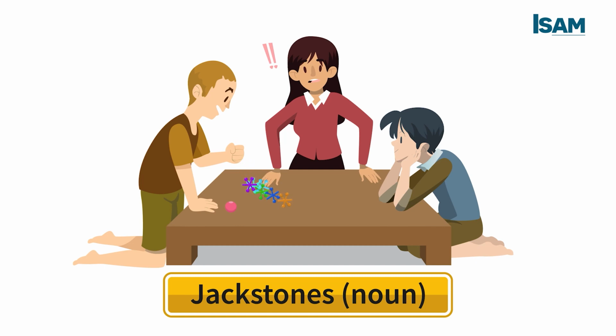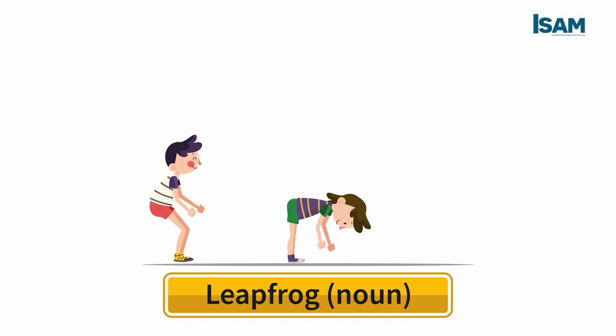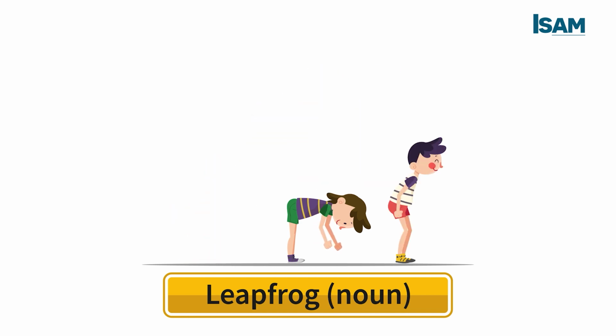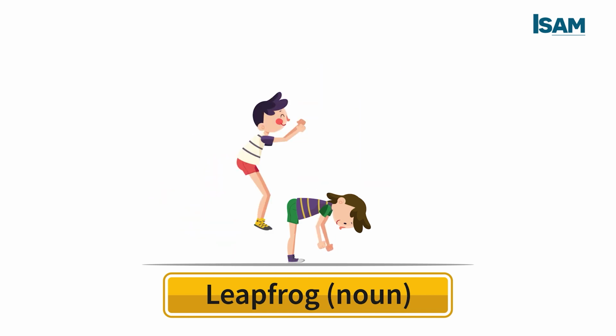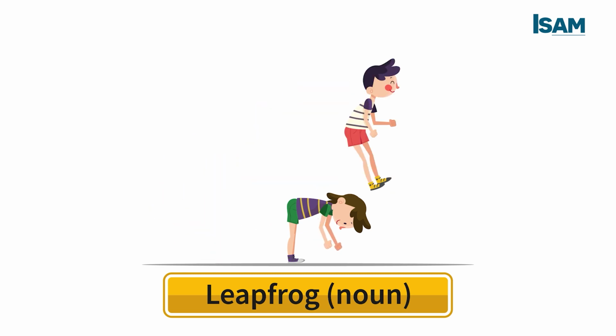Jackstones, a game in which jackstones are thrown and picked up in various groups between bounces of a small rubber ball. Leapfrog, a game in which a player leaps like a frog over the back of another person.